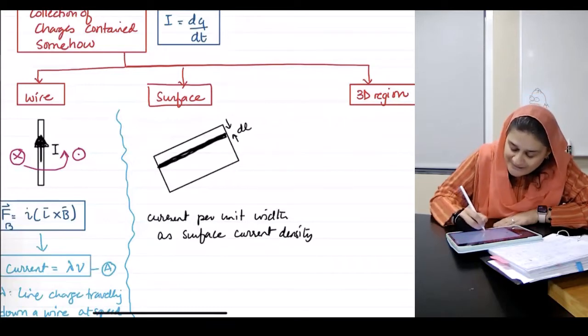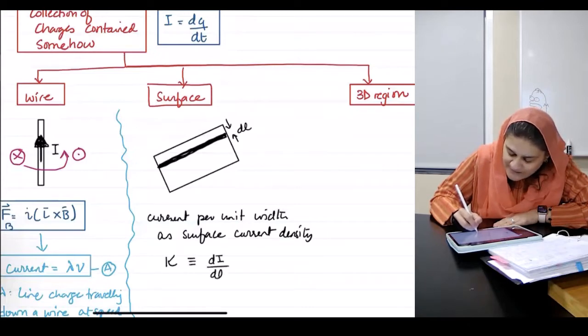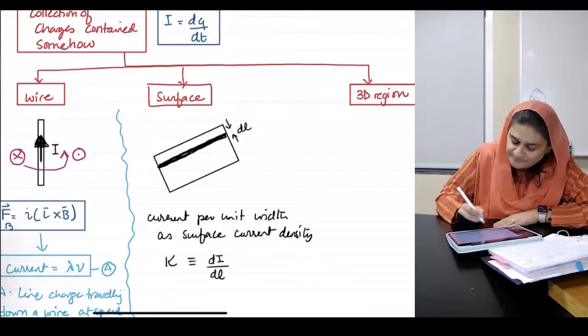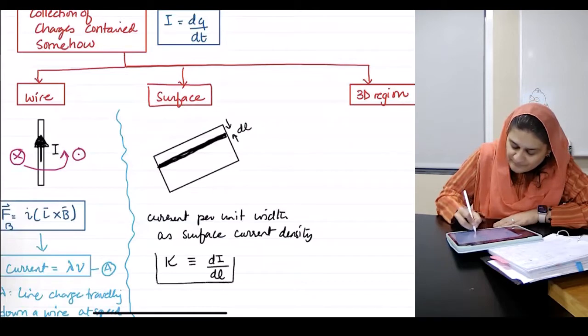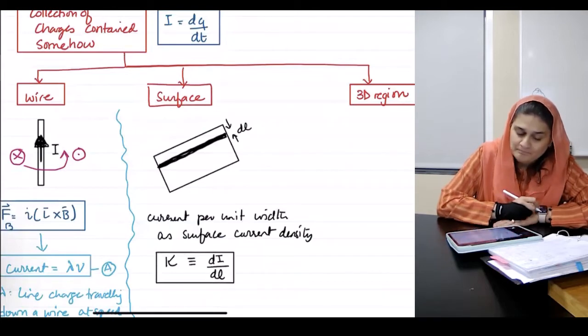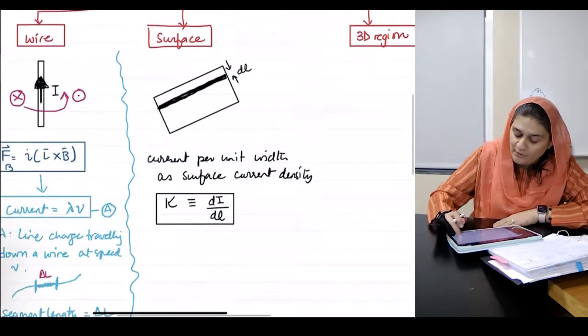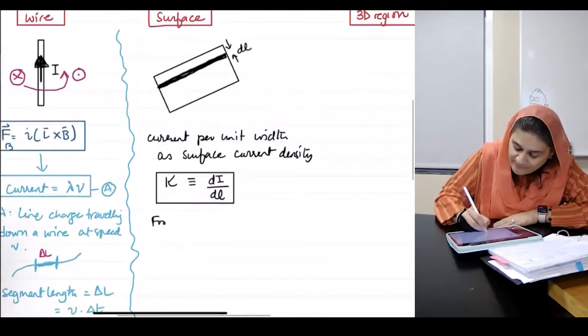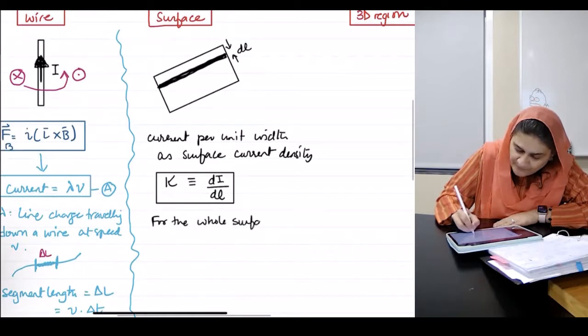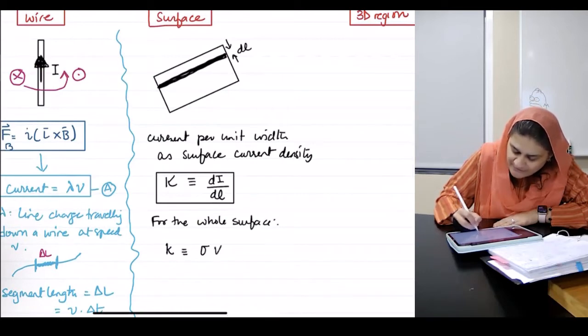And he calls it K, to be defined as DI over DL. And for the whole surface, he defines K as sigma V.